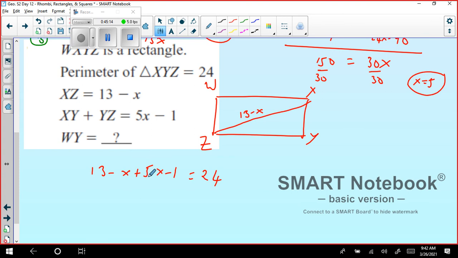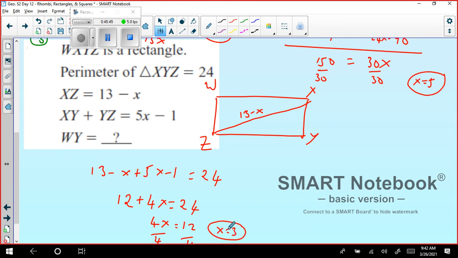So once I simplify this, put all the constants and variables together. The 13 minus 1 is 12 and negative x plus 5x is 4x equals 24. Okay, further I can just subtract 12 from both sides to get 4x equals 12, and dividing by 4 on both sides I get x equals 3.